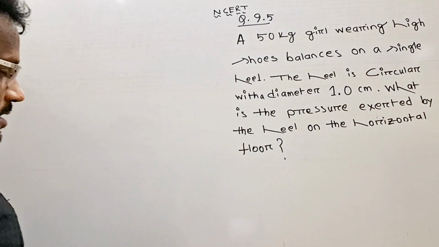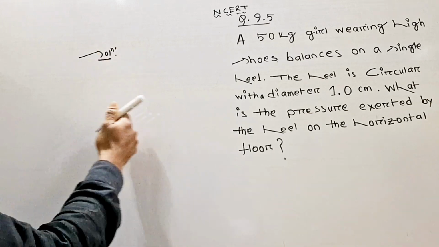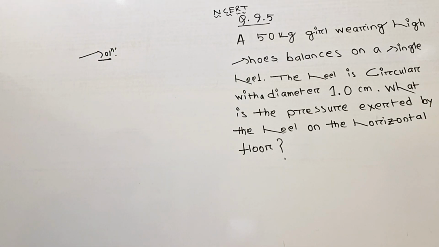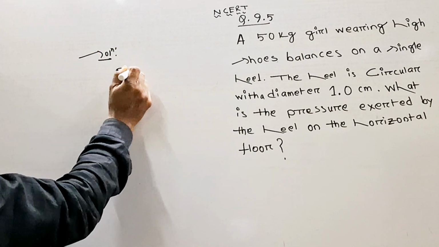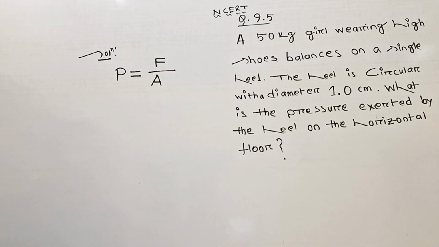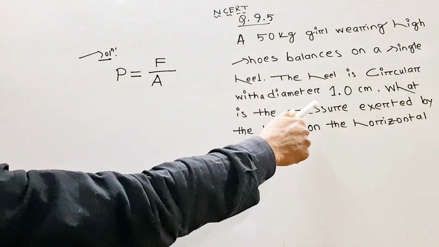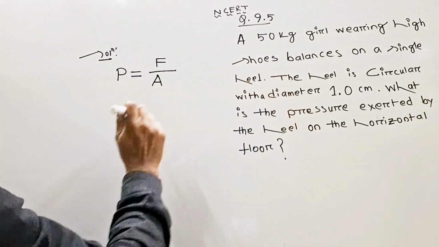So it's an easy numerical. You can solve it using the definition of pressure. As you know, pressure is equal to force per unit area. Now here, the mass of the girl is given, that is 50 kg.